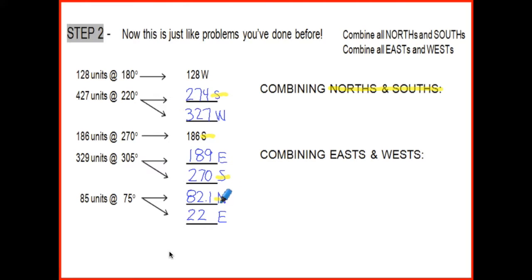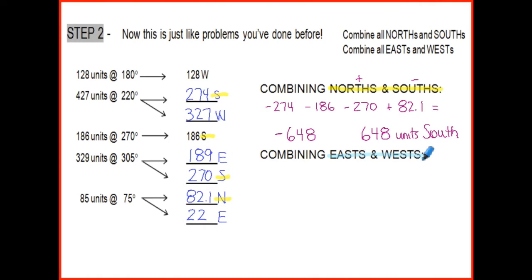So don't forget these that I didn't break into components. That's a common mistake. Make sure that's in your list. So I've got a south, a south, a south, and a north. So I can tell the south is definitely bigger. My overall is going to be south. And yeah, I get negative 648.